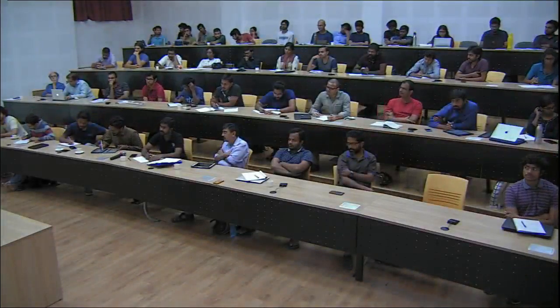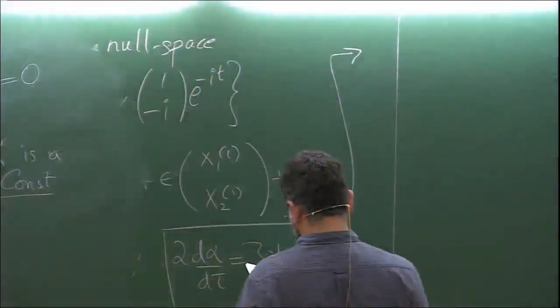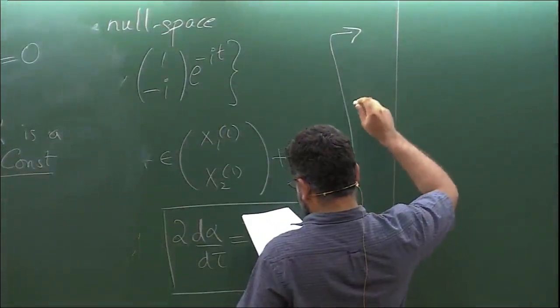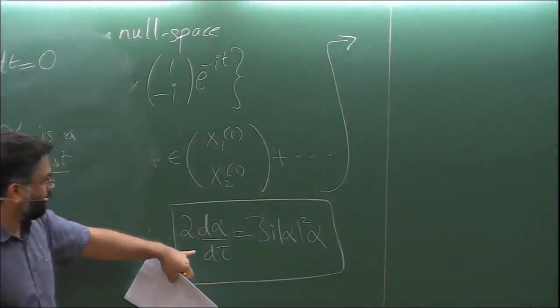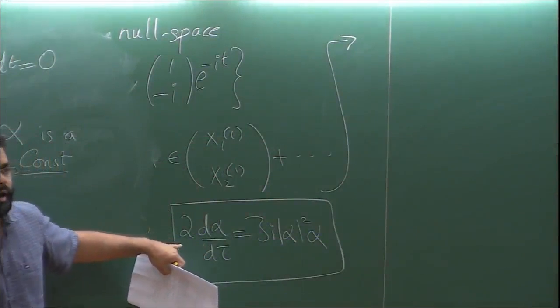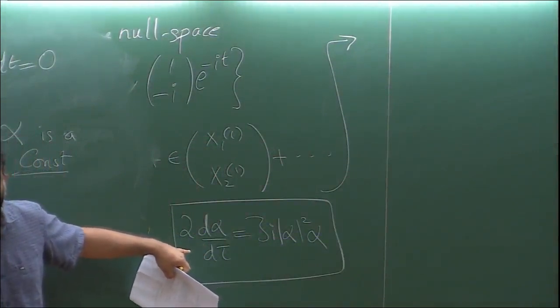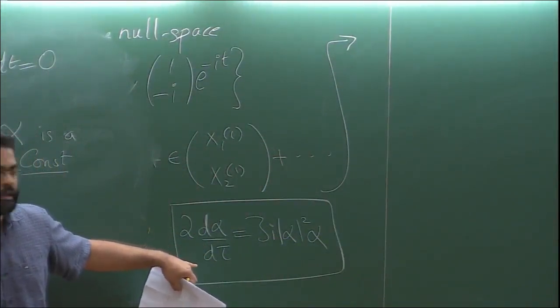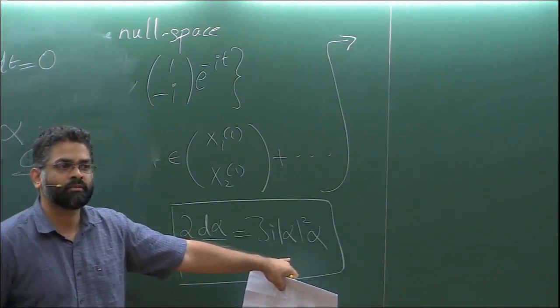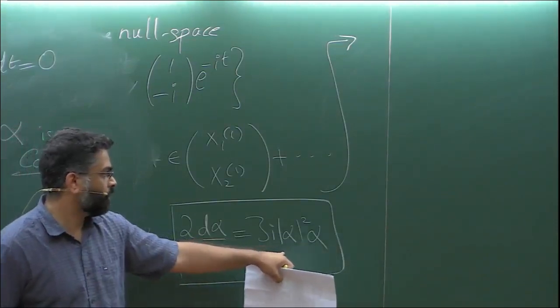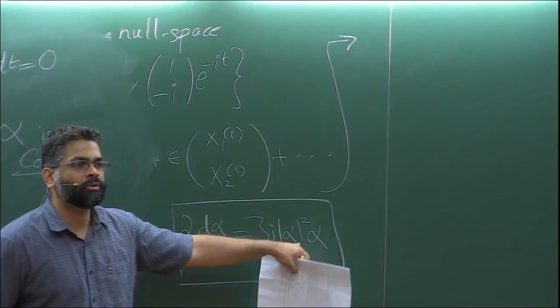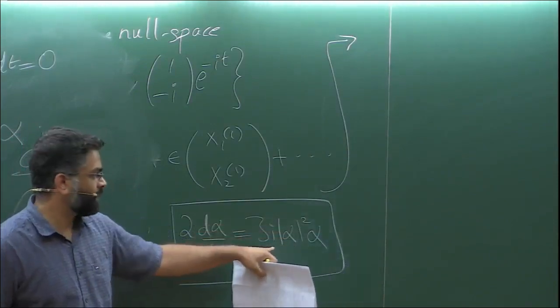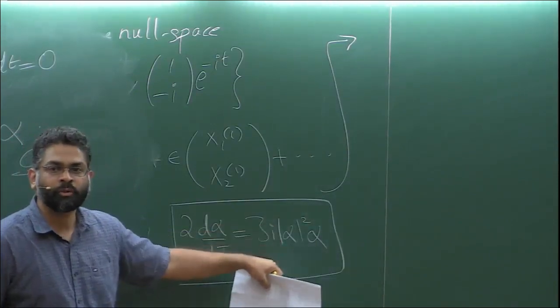Okay, so it's not too hard to show that if I multiply this by alpha bar and add the complex conjugate, then the right-hand side vanishes. If you multiply by alpha bar, you get absolute value of alpha to the power 4. There's an i, so it goes to a minus i.